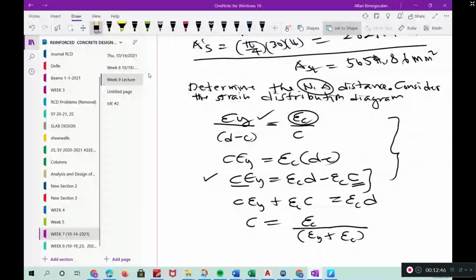Is this familiar to you? So this is the neutral axis basically. That's our neutral axis.